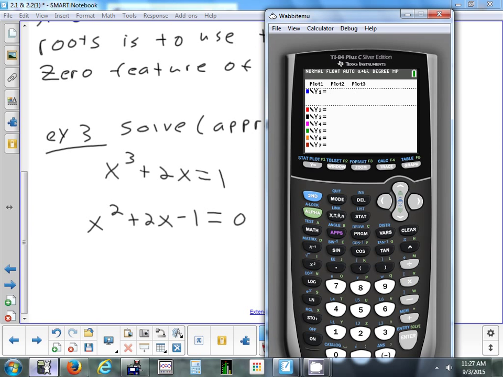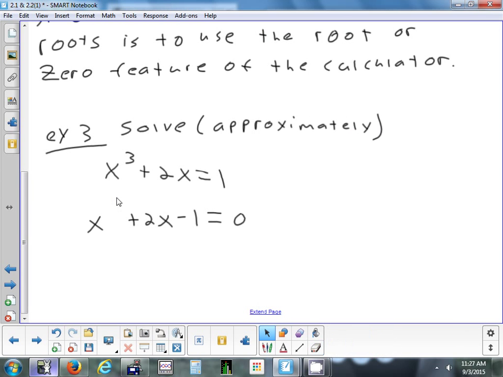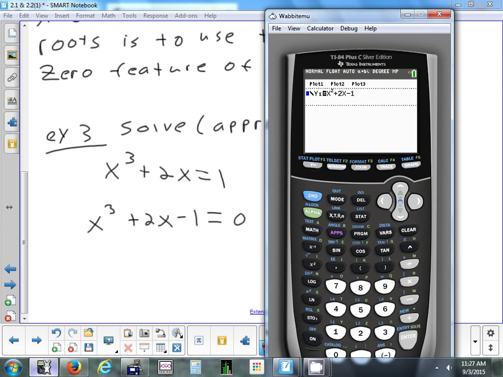So that changes how we're going to do it a little bit. Okay, hit graph. Where did you get that? Thank you. X cubed plus 2x minus 1. That's going to make a big difference.